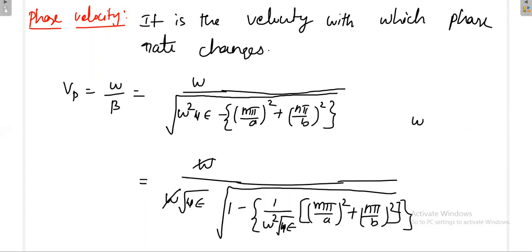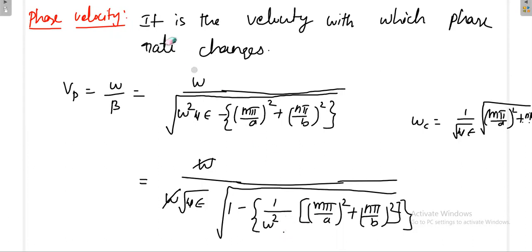Omega c is simply 1 divided by mu epsilon times (m pi by a) whole square plus (n pi by b) whole square, overall square root. I think omega c is equal to this one. Here the square root is not there, and I think we have made a mistake here. Here I think the square root will not come. This we have made a mistake.